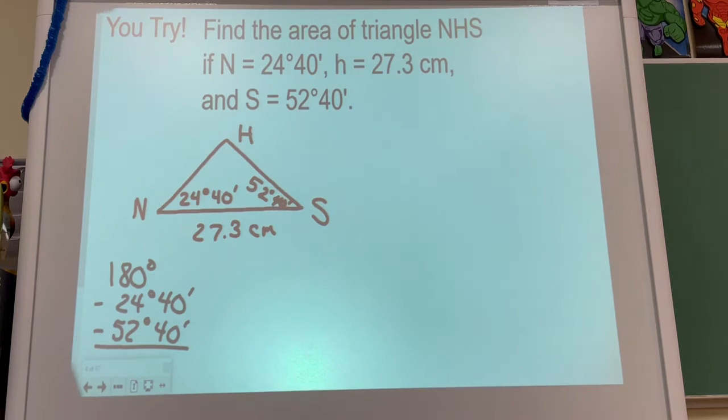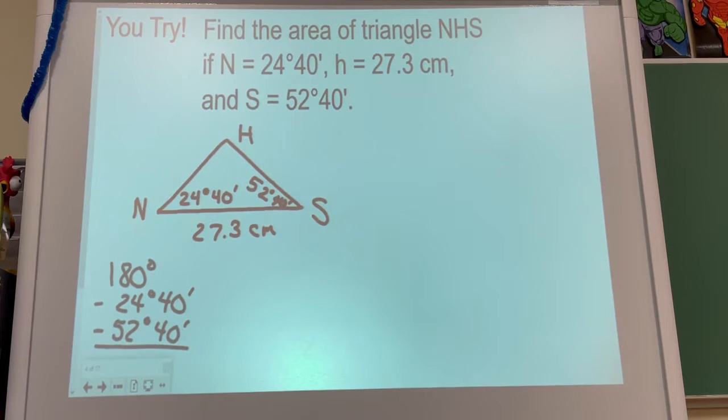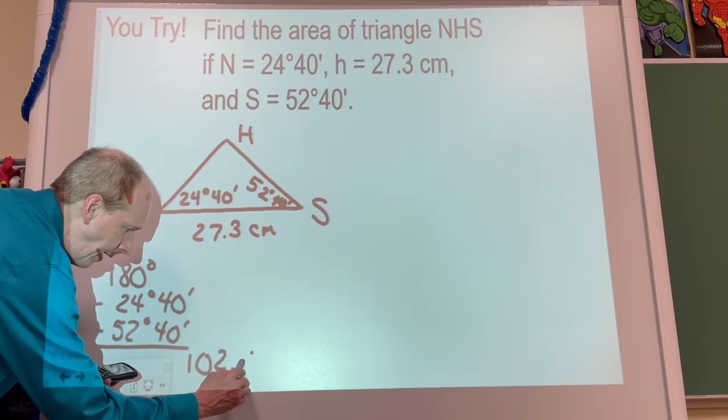Use your degrees and minutes button to find what you have. All right, I've got 102.6 repeating.